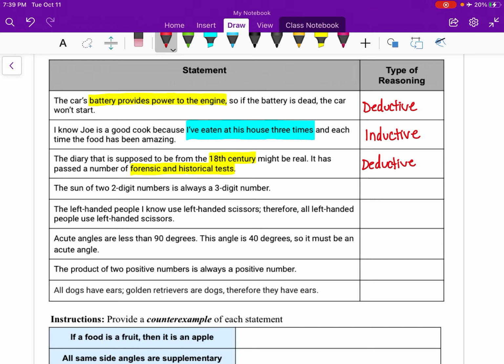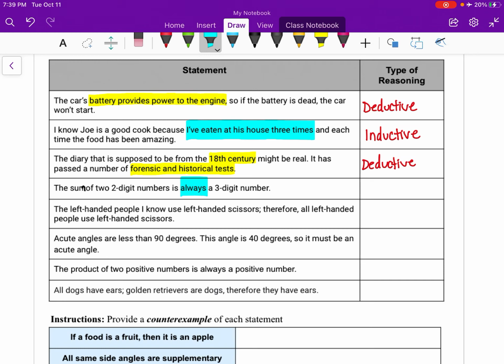Now, let's read the fourth statement. This should say, the sum of 2-digit numbers is always a 3-digit number. Now, what gives this one away is the word always. This is basically a statement that has been accepted as a fact without any real examples or facts to back it up.